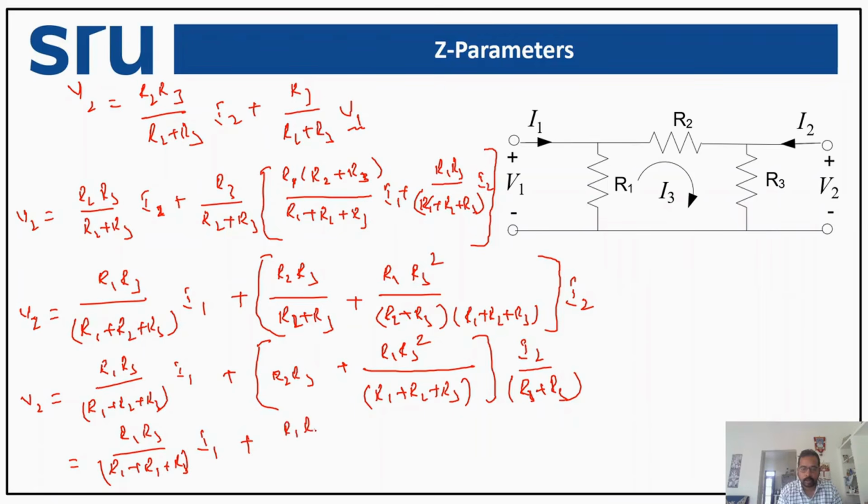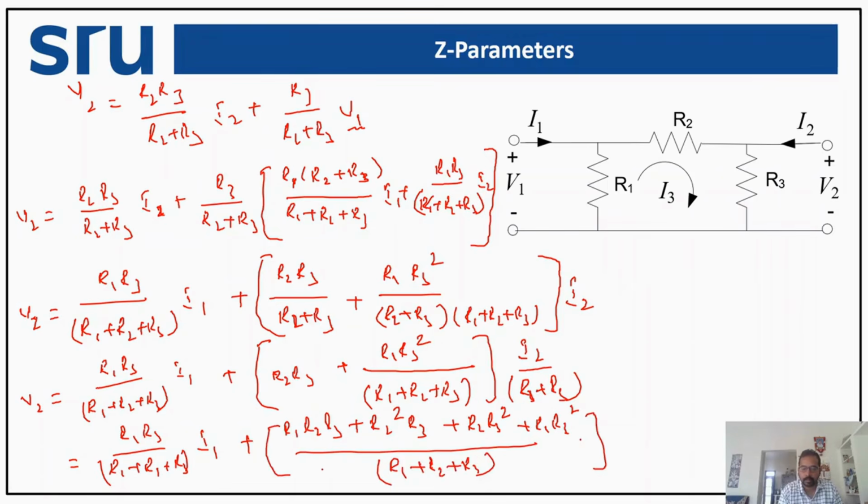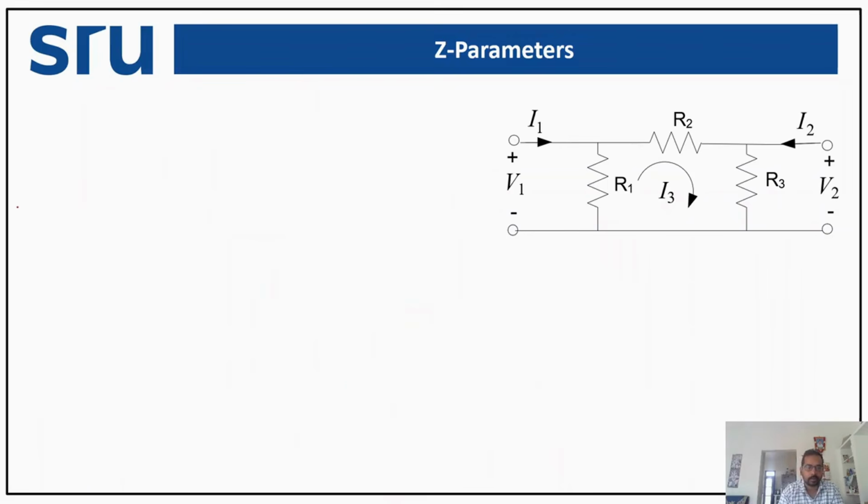It is R1 R2 R3 plus R2 square R3 plus R2 R3 square plus R1 R3 square divided by R1 plus R2 plus R3 into this completely multiplied with I2 divided by R2 plus R3. Right? Now if you observe here, we have R3 is common in every term. So now let us take that as common.